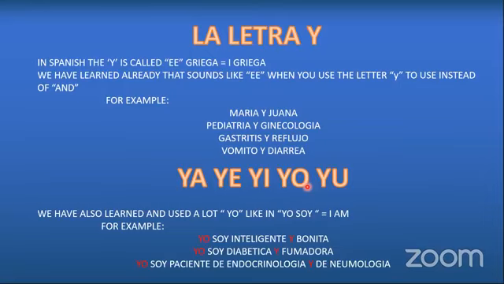For example, listen to my pronunciation. María y Juana. Here the Y is replacing and. It's putting together María and Juana. So instead of and, it's going to sound like E.